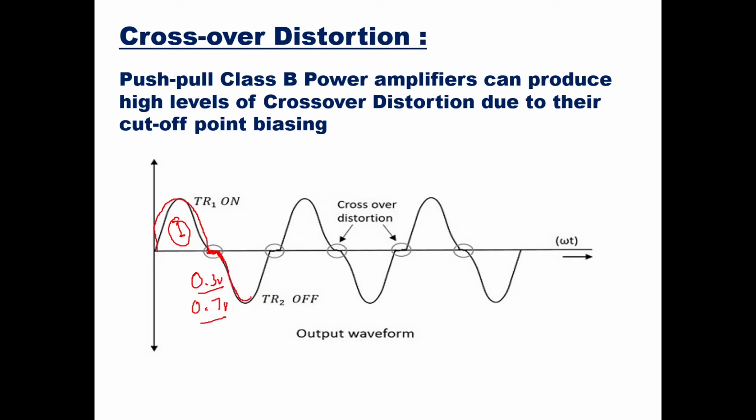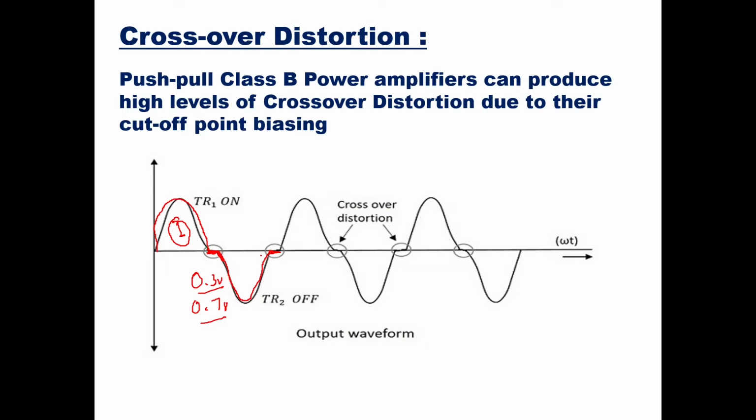Again, when you come from negative and want to go to positive, there is a gap. This is all because it is not overcoming the knee voltage of the forward biasing of the first junction, that is between emitter and base.